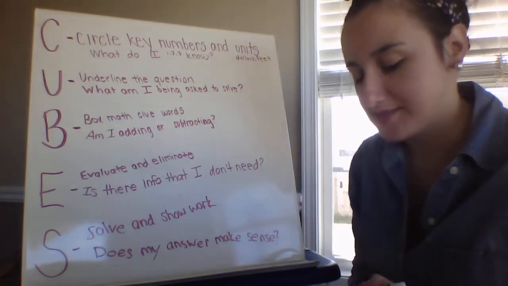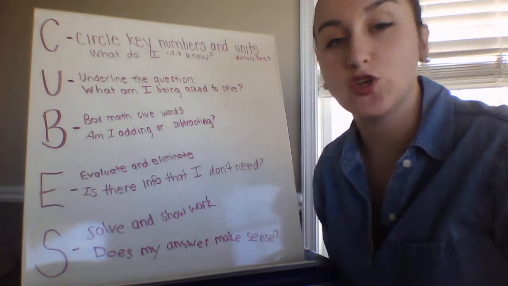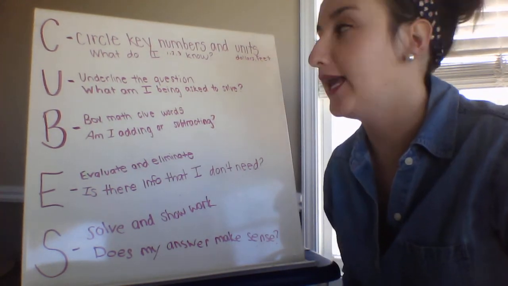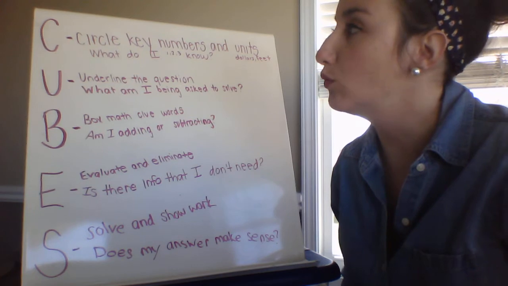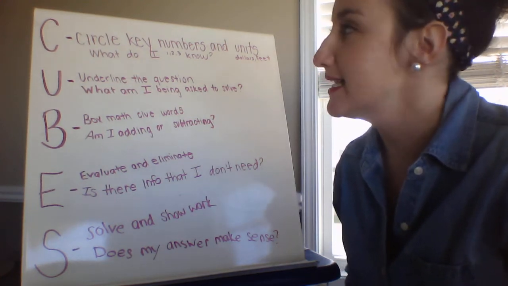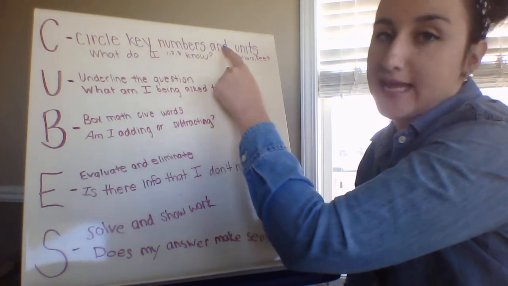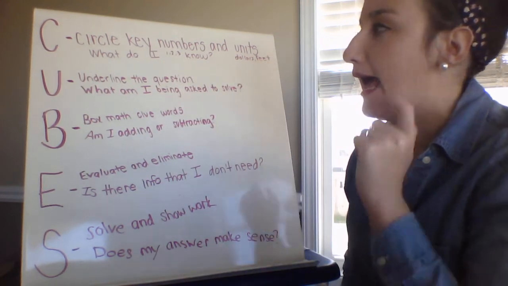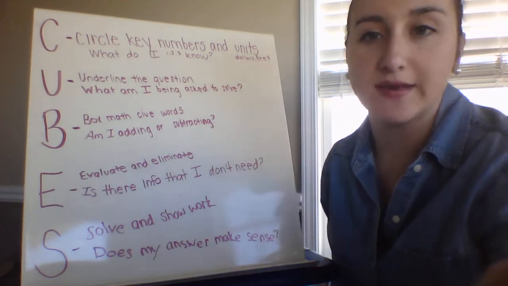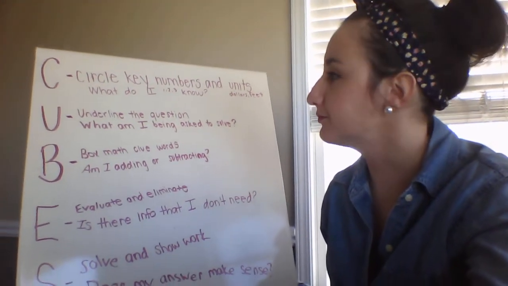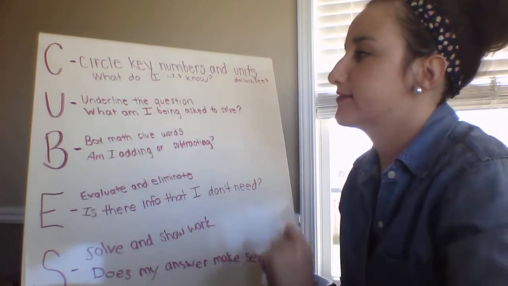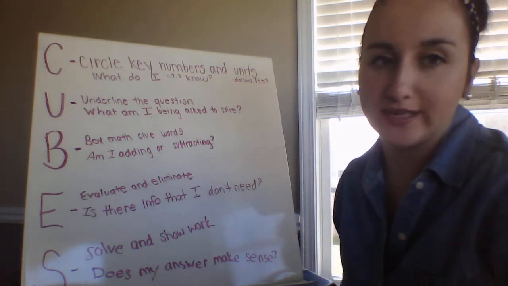Okay, so to review, CUBES is a strategy that you can use to help you work on word problems. The C stands for circle key numbers and units. The question you would ask yourself is, what do I know? The U stands for underline the question.